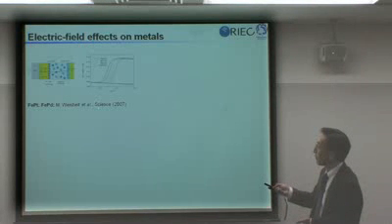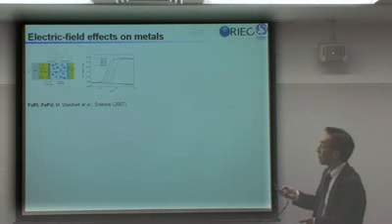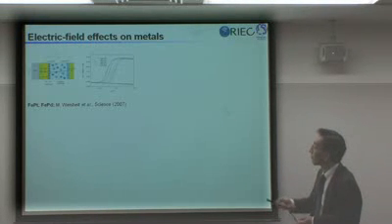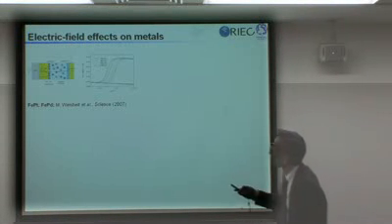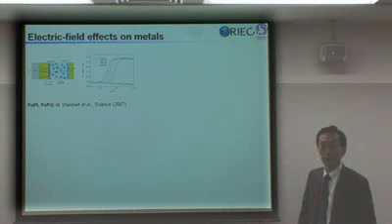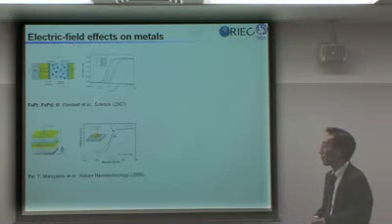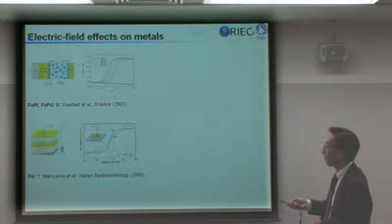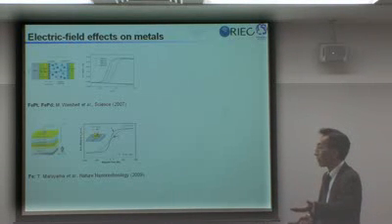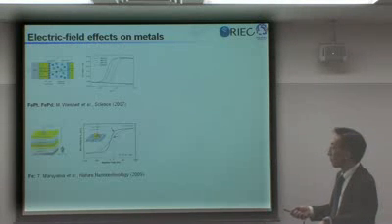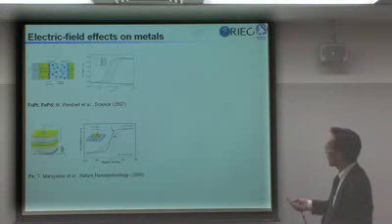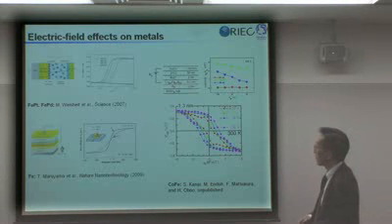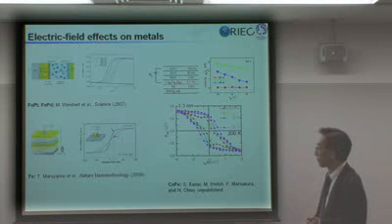For example, in 2007, a group in Grenoble showed that you can change the coercivity of, sorry, it's very small, but iron platinum, for example, by applying electric field. Recently, an Osaka University group, led by Professor Suzuki, has shown that you can change the magnetic anisotropy by applying electric field. We have also done a similar experiment, which is not published, but we have seen electric field modulation.